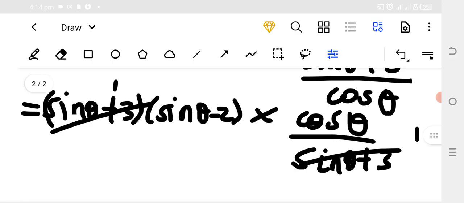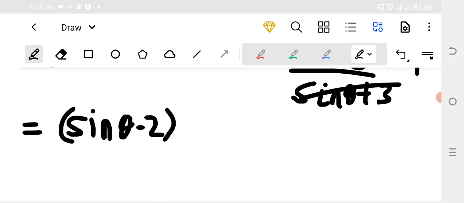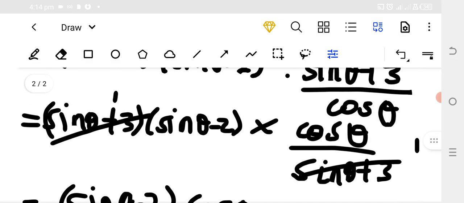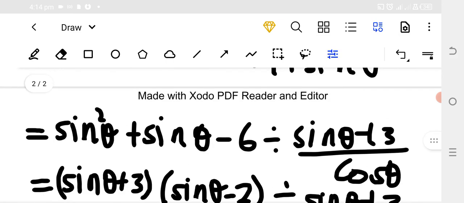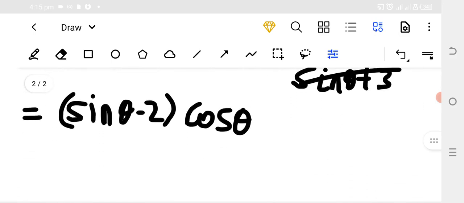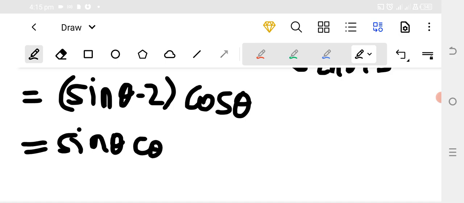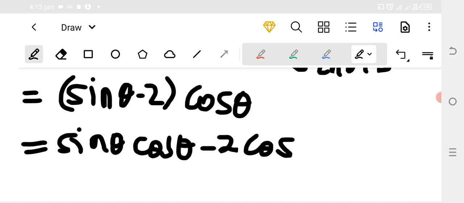Then it will be equal to sine theta minus 2 multiplied by cos theta. So you have sine theta minus 2 after factoring, multiplied by cos theta. And then if you expand, distributing this cos theta in that bracket, what you're simply going to have is sine theta cos theta minus 2 cos theta.